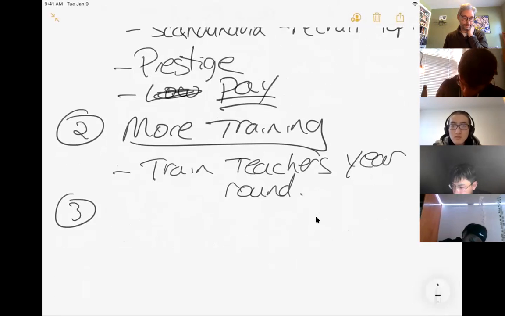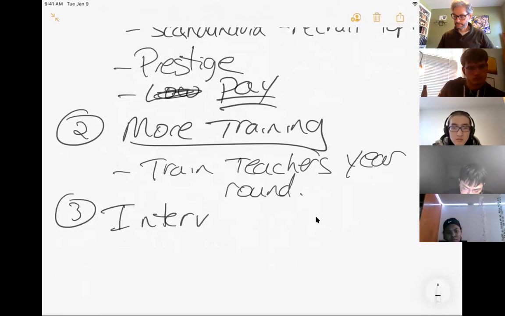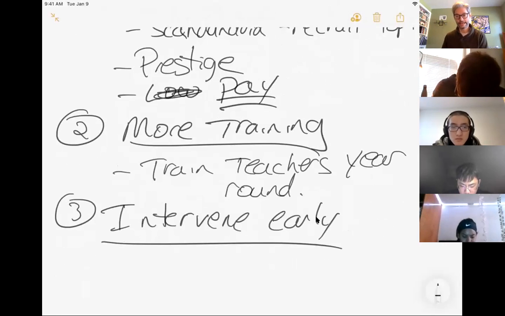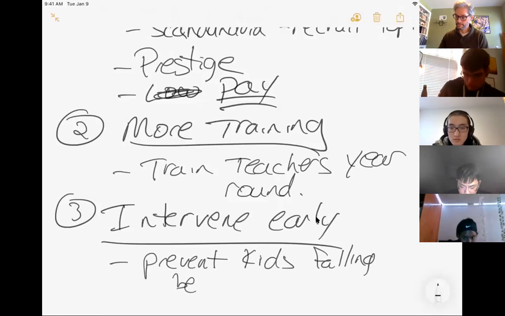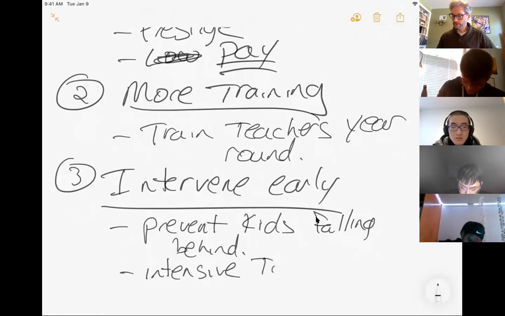And then the third thing that we see about schools that have the best quality teachers is there is a lot of early intervention when it comes to teaching. The best school systems do very good jobs of trying to prevent children from falling behind, doing things such as intensive tutoring.